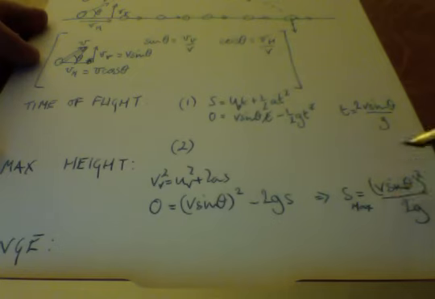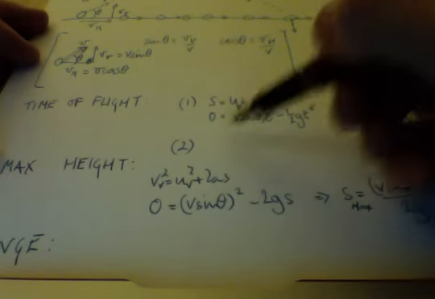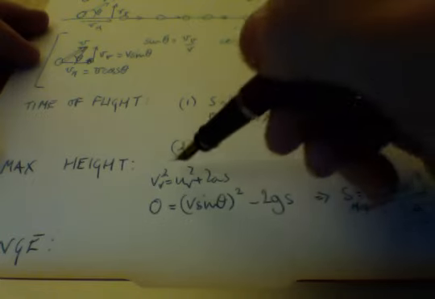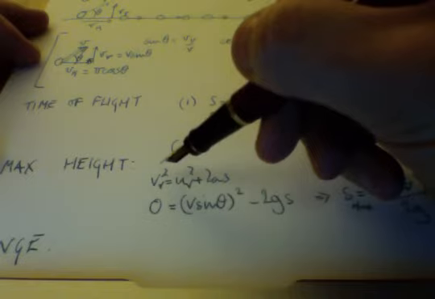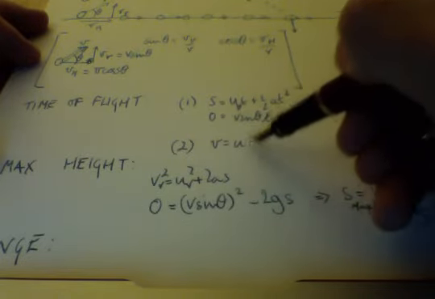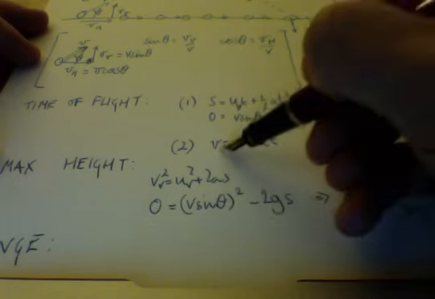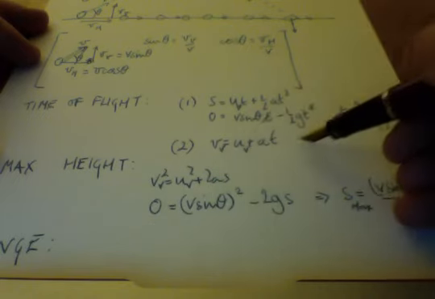If I know that it's going at 0 vertical velocity when it reaches the top of its flight, then I can use this identity for the vertical.